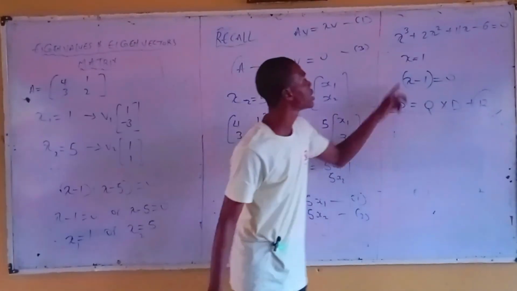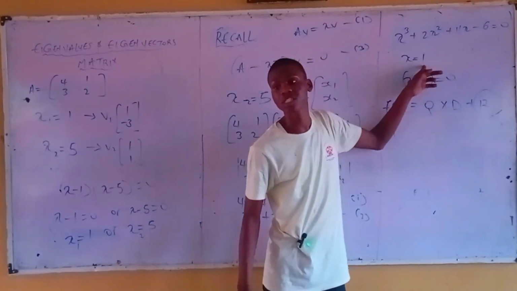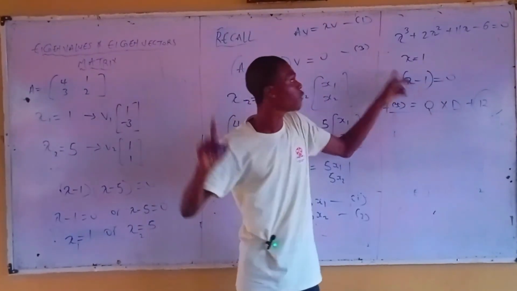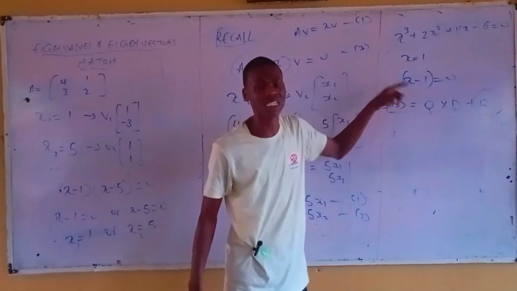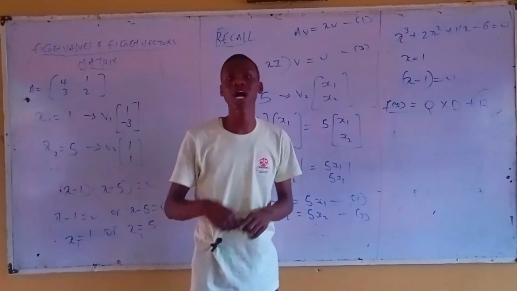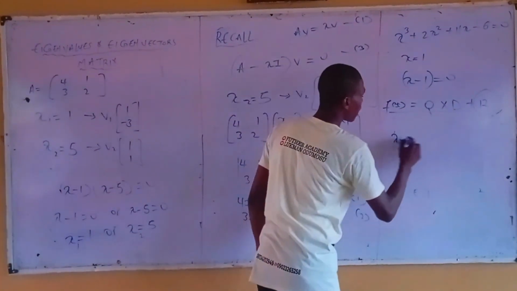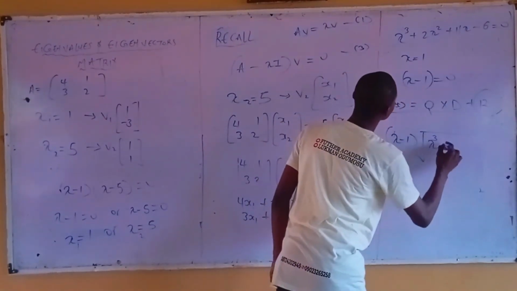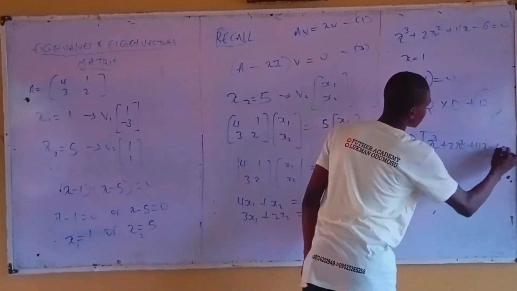So what you are saying is that if you are getting 0 when you substitute lambda equals 1, meaning lambda minus 1 is a factor of this equation. Now, to get the other factor, you use the long division rule, meaning lambda cubed plus 2 lambda squared plus 11 lambda minus 6 divided by lambda minus 1.